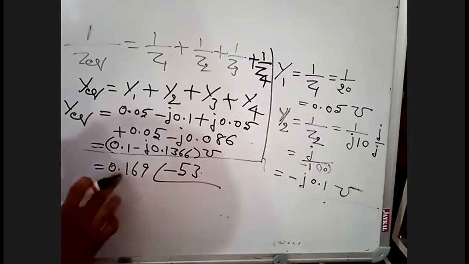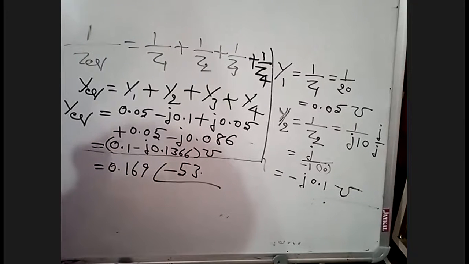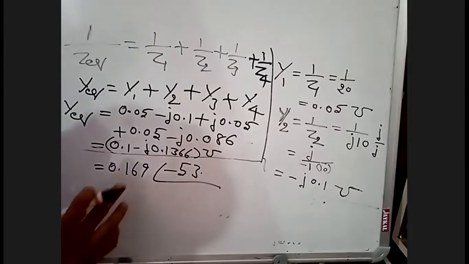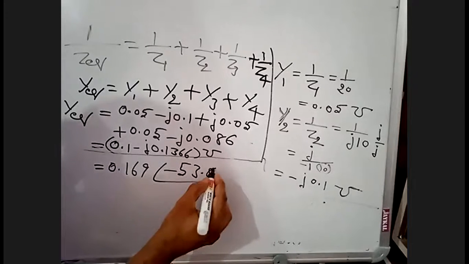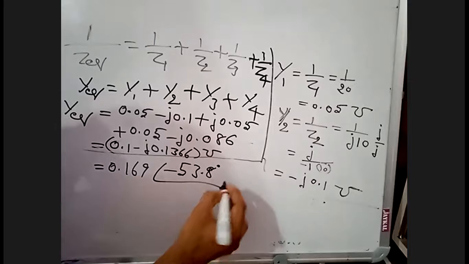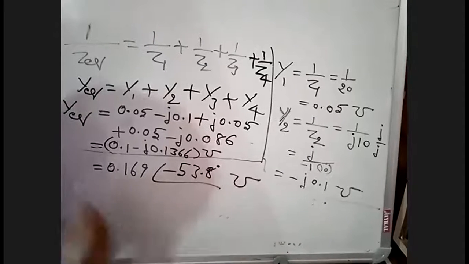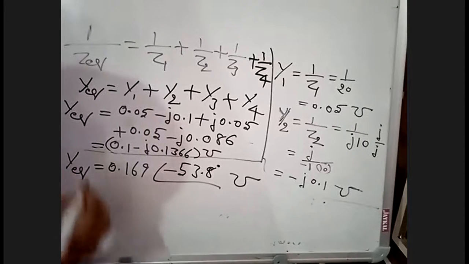See it properly. Convert this. 0.1688, which means 0.169 at an angle 53.6-something Siemens. This is your Y equivalent.